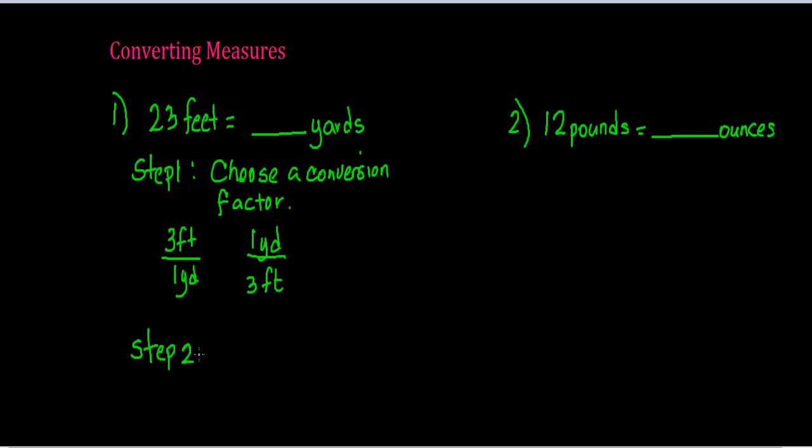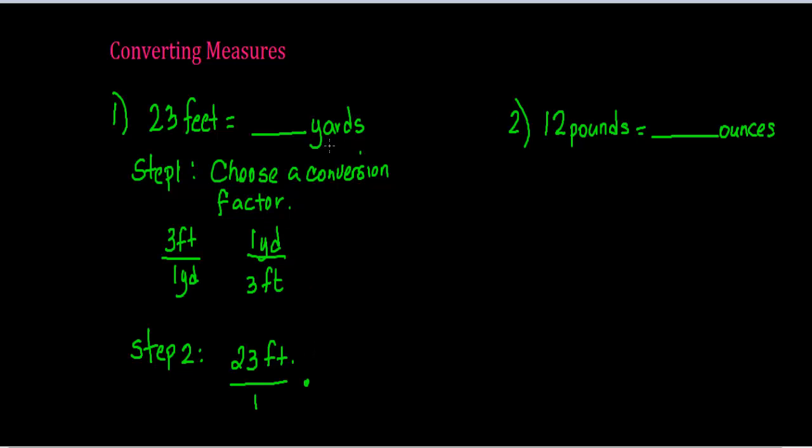I'm going to go to step 2, even though I have not finished step 1, just to show you what I mean. For step 2, I'm going to write 23 feet, over 1. And I know that I'm going to multiply it by the conversion factor that I'm going to choose. How do I choose? Well, I want to end up with yards, right?